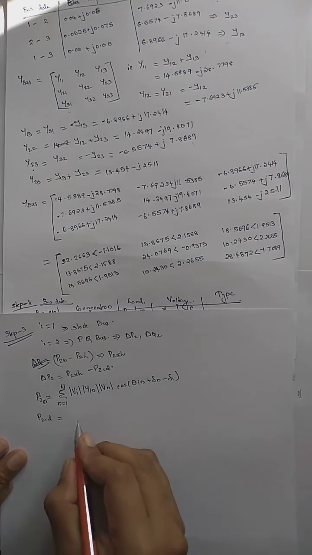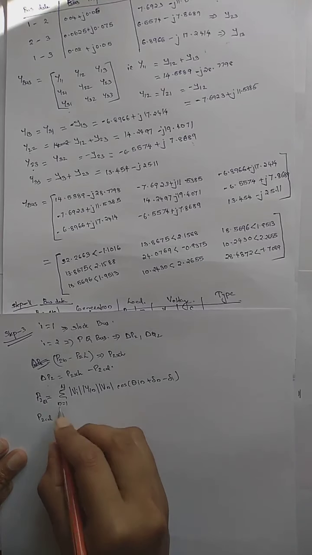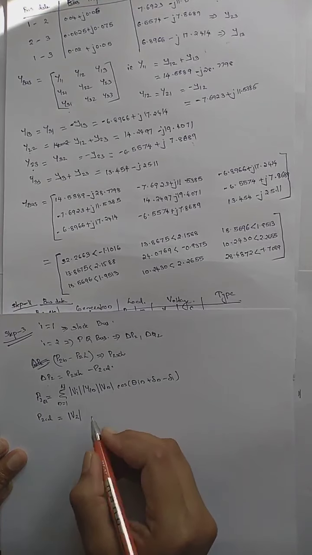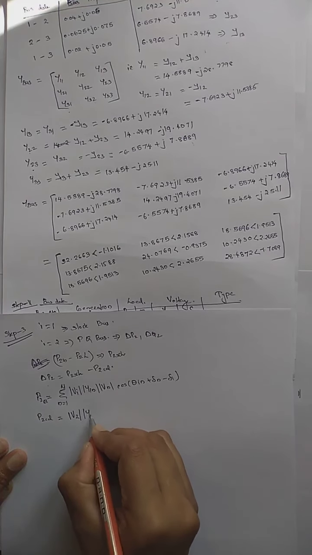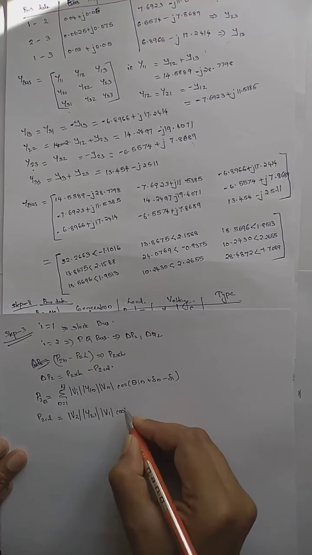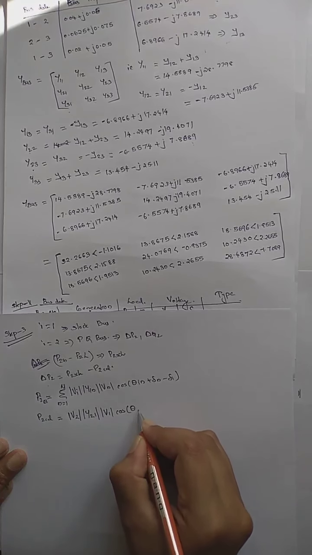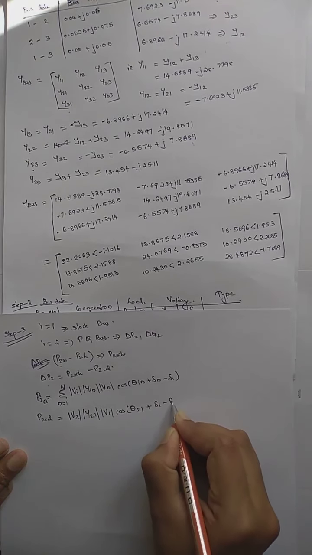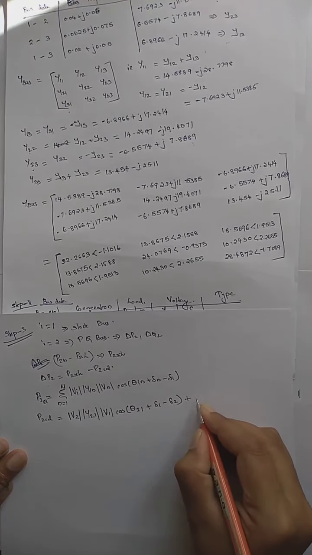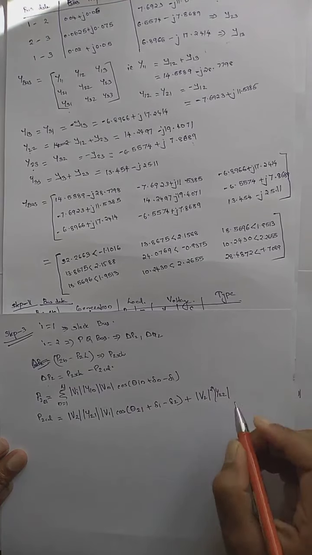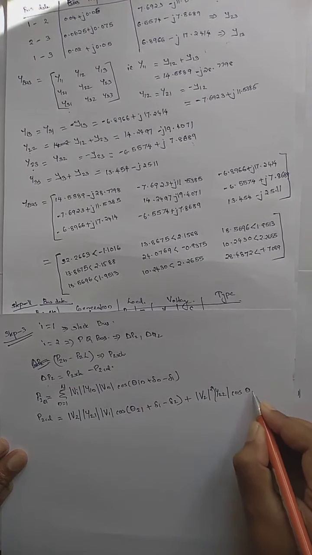Now we have to calculate our P2 value, isn't it? So P2 calculated is equal to, I am not writing this equation again, I am directly substituting: V2 into Y21 V1 cos(theta 21 plus delta 1 minus delta 2) plus V2 square Y22 into cos theta 22.